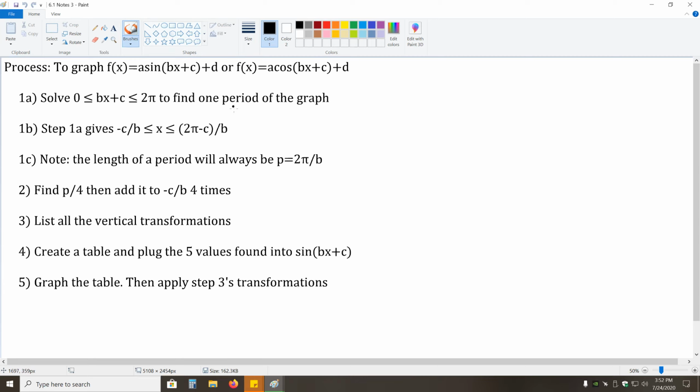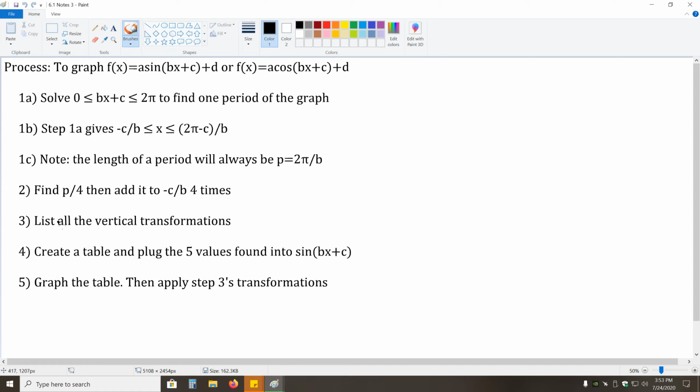Okay, so steps 1a and 1c are the important ones. Step 1b is just there because we need to make a quick note of this so that step 2 makes sense. And step 2 says we need to find p over 4 and then add it to negative c over b, meaning the initial part of our period, 4 times.